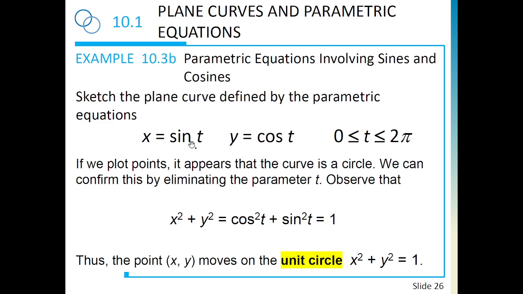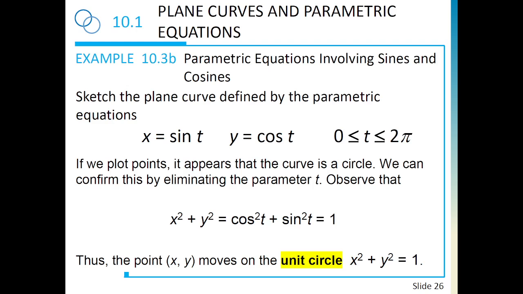Now this is similar, but in this case x is equal to sine t and y is equal to cosine t. So at t equals 0, sine 0 is 0, so x will be 0 and cosine will be 1. So the starting point is not the same. Again, if I take x squared, I have sine squared, y squared is cosine squared, so if I add them, I get 1. So again, the plane curve is a unit circle centered at (0, 0).